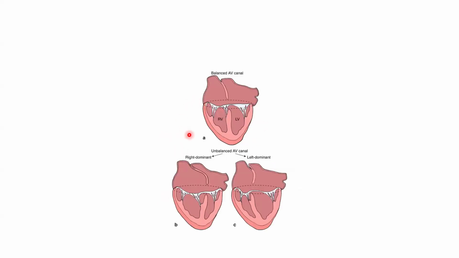So essentially, this is what I'm talking about. This is a complete AVSD with a single AV valve, and the ventricles are balanced. But here you can see the ventricles are unbalanced. The right is dominant here, the left is dominant here. Most of the time you may have right dominant ones.